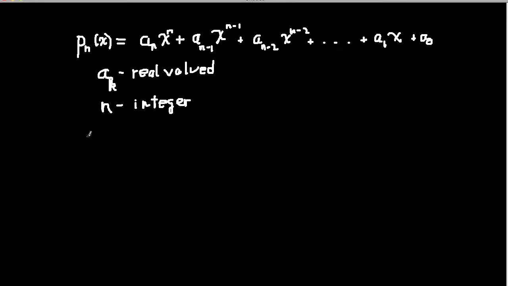So, for example, if n equals 2, we say that we have a second order polynomial. And n equal 3, we have a third order, and so on. So this is the general form of a polynomial.